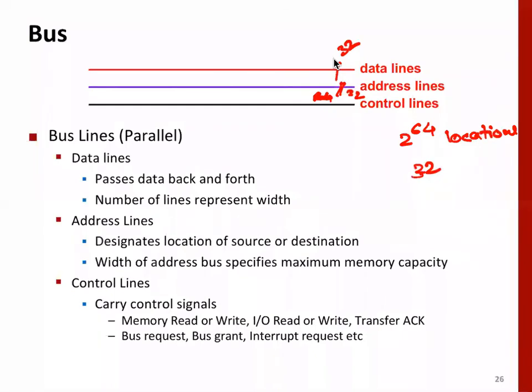Otherwise, there are always zeros or some junk values at the input that will also get written. So control lines carry the control signals, like memory control. Or for example, in the ALU, we have to perform different operations, addition, subtraction, and so on. Each operation corresponds to a control signal, and these control lines will carry those control signals. Okay, all right. Any question?